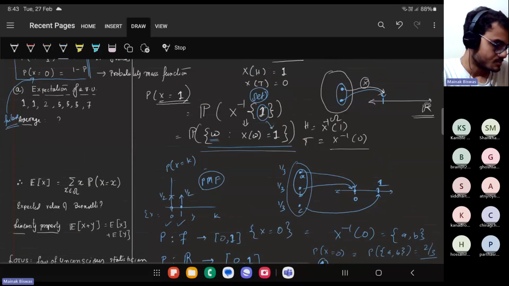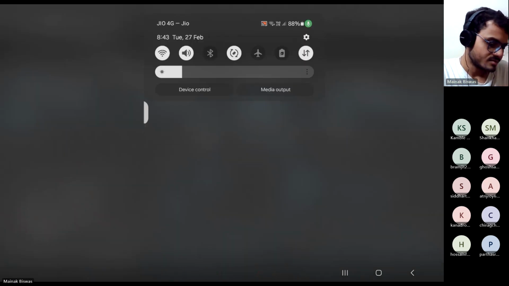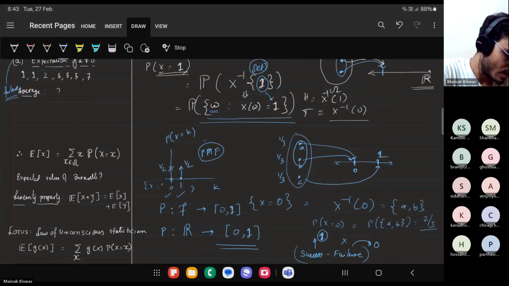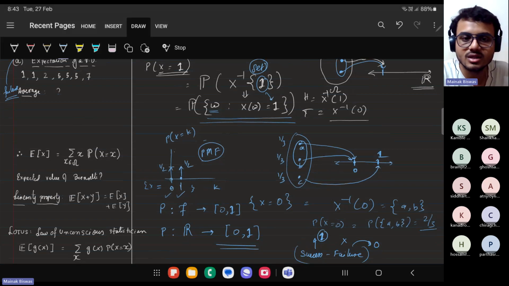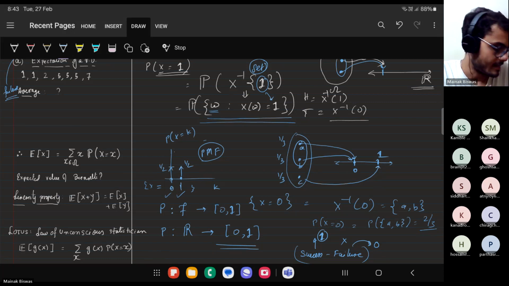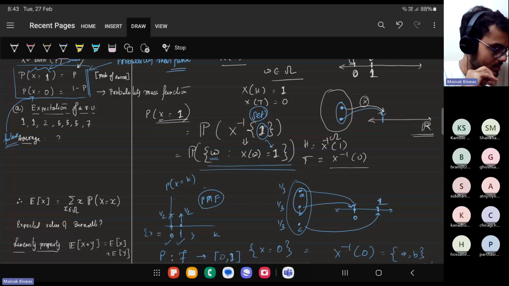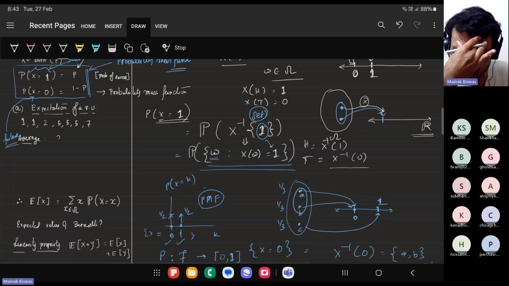So x taking value 0 or 1 both have probability half in this probability mass function. This is defined for all the cases. You need to define what is the probability, right? Is it clear?